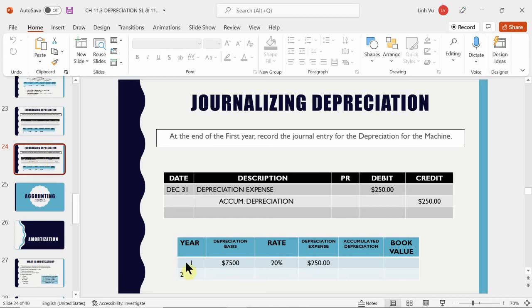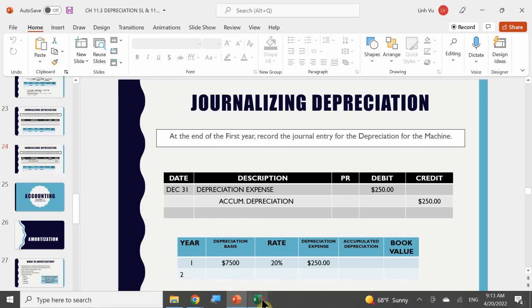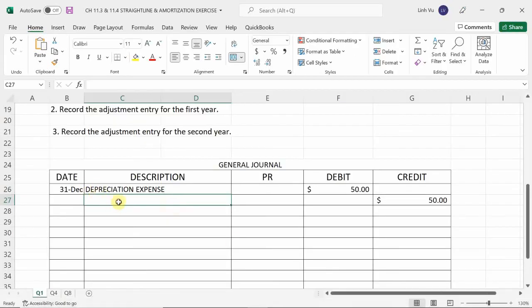Accumulated depreciation, for $50. Okay. What about journalizing it for the second year?